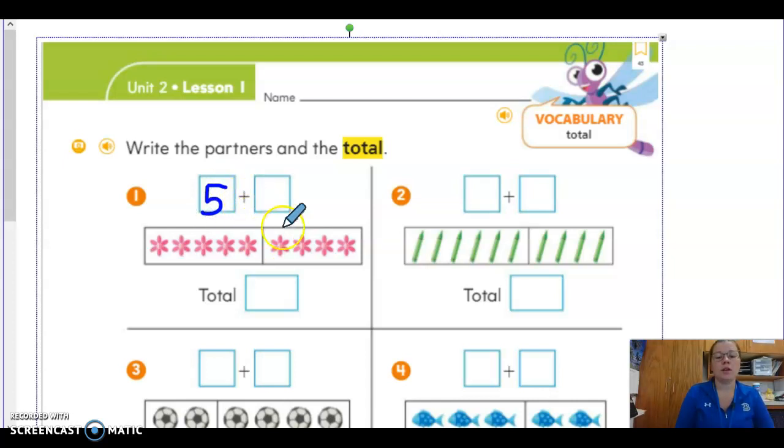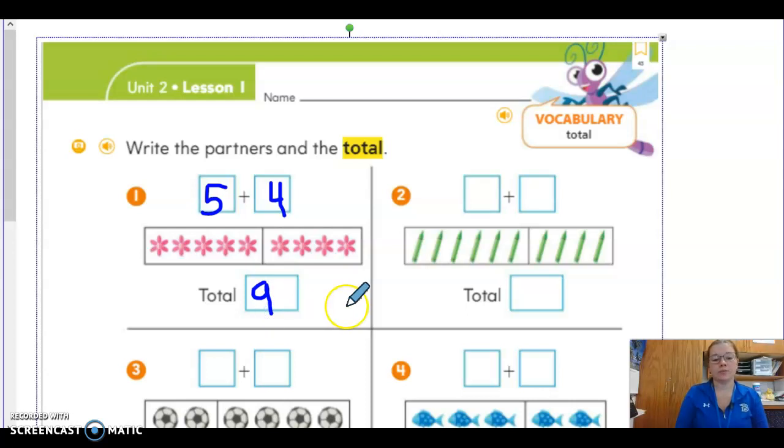Plus, that's right here, 1, 2, 3, 4. Okay, so 5 and 4 partner together to make what? You can count them all, you can use your fingers, or you can count on. What did you end up with? If you said 9, you are correct.